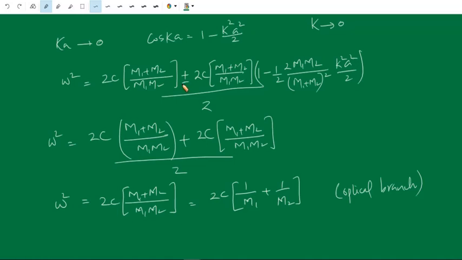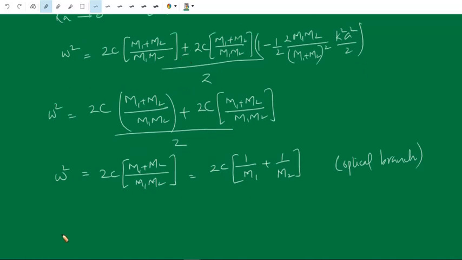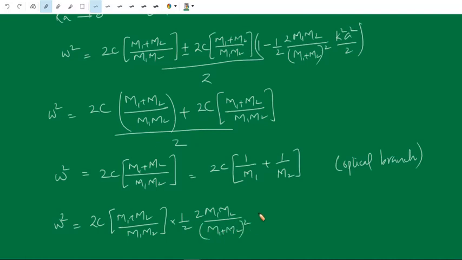Now we have the term corresponding to the negative sign, that is omega square is equal to 2c m1 plus m2 divided by m1 m2 into, minus of minus will become plus, 1 by 2 m1 m2 divided by m1 plus m2 whole square into k square a square by 2, all divided by 2.